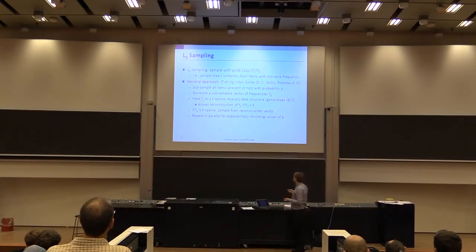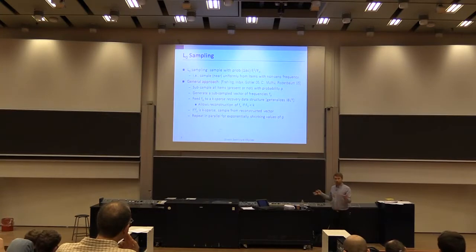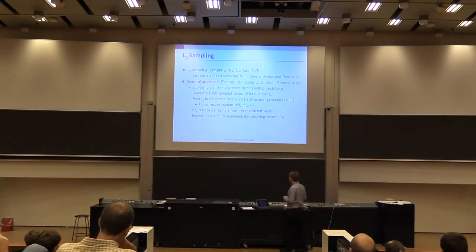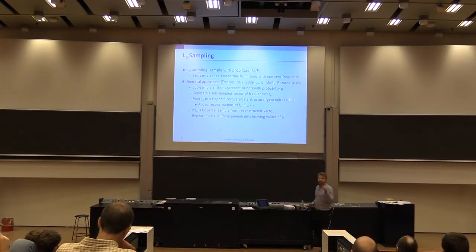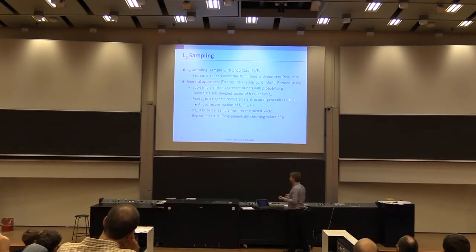So I can reconstruct this vector f_p, provided it has small support. If it has large support, my data structure will just say, fail, can't do this. So if I picked p correctly, then I've subsampled my input vector down to a point where I can recover, and from that recovered vector, I can then just sample an element that I want.